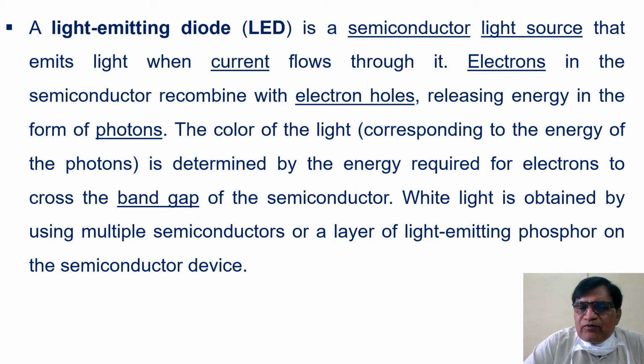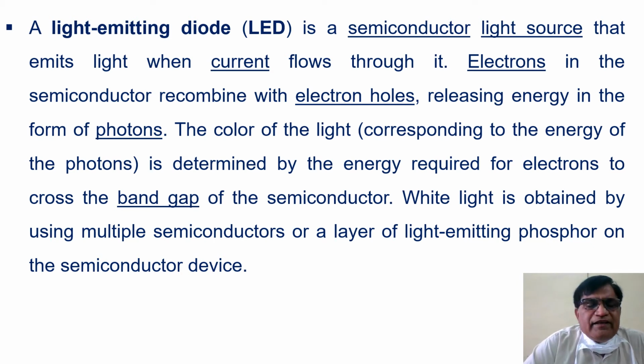What type of color or light will be produced depends on the band gap, according to the famous formula given by Einstein. Delta E is equal to h nu, that is, the difference of energies of the two levels is equal to Planck's constant multiplied by the frequency of the light.